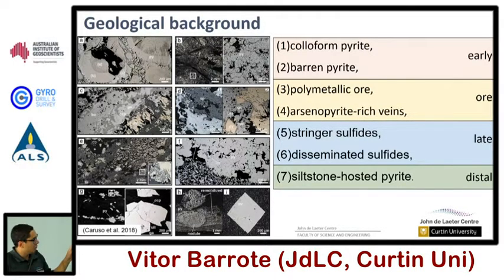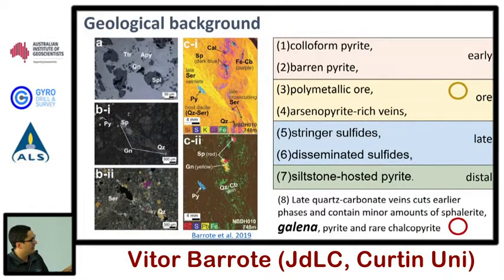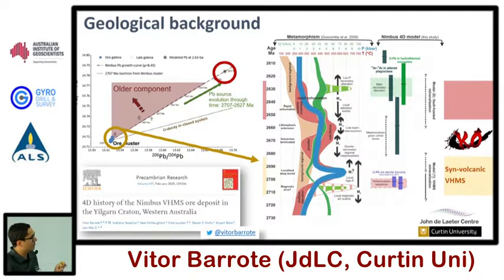In addition to these phases, we've identified an eighth sulfide phase, which includes sulfides such as galena, related to late quartz carbonate veins that are seen to post-date foliation. We measured the chemical composition of ore galena from the polymetallic ore phase and the late galena. Based on the difference in chemistry, we were able to constrain that the ore was related to the 2.7 billion year volcanism and not to the later activity.